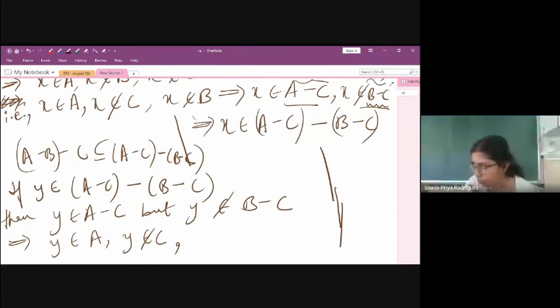Even if Y is not a part of C, and Y does not belong to B, then Y cannot belong to B − C at all.